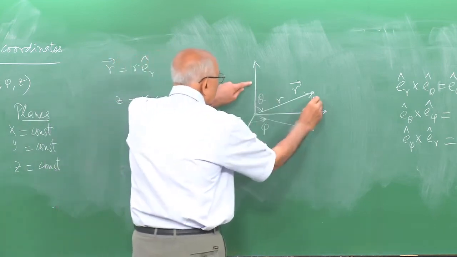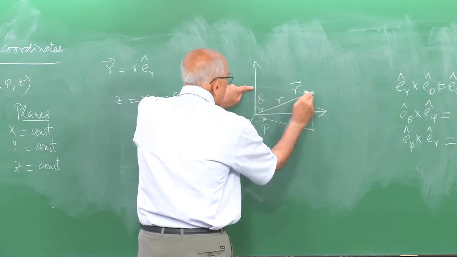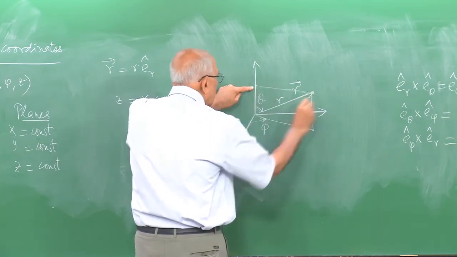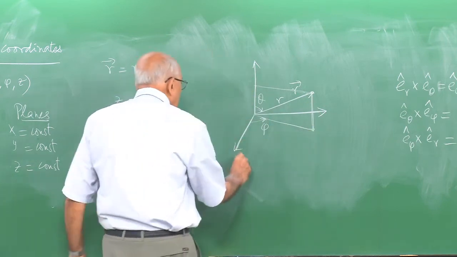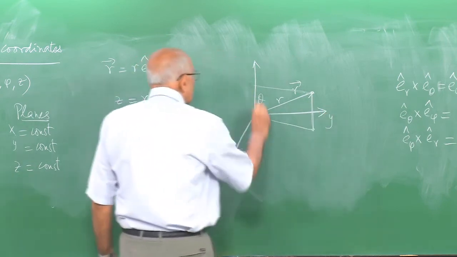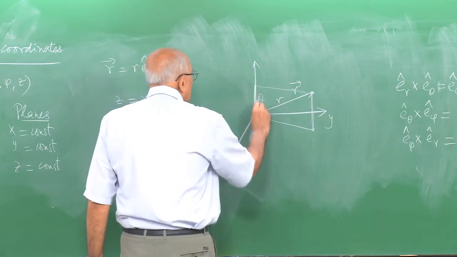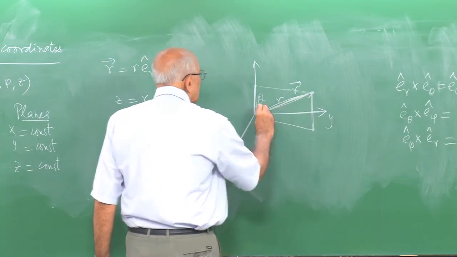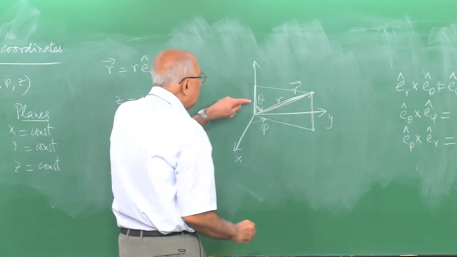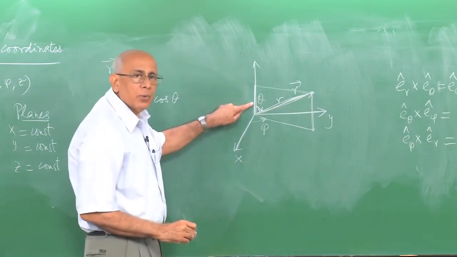Now, from the way this figure is constructed, this is the vertical coordinate of this point, the distance above the xy plane. And what is this point? Well, if this is r and this angle is theta, then the base is r cos theta, and that's what z is.